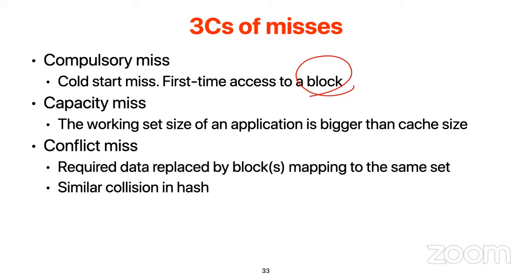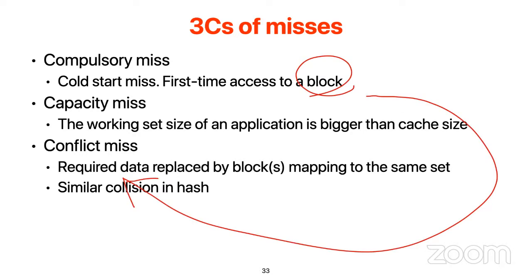We didn't use it, that's fine. However, if it has been present before, then it's not going to be a compulsory miss. It will be a conflict miss because the data has been replaced by another block. That's why A1 in the previous case is called a conflict miss in the AMD example.